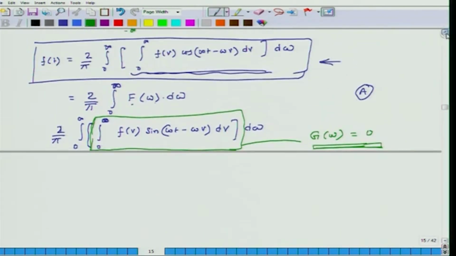So if this entire thing is 0, then if I add this to f of t, I still get f of t.